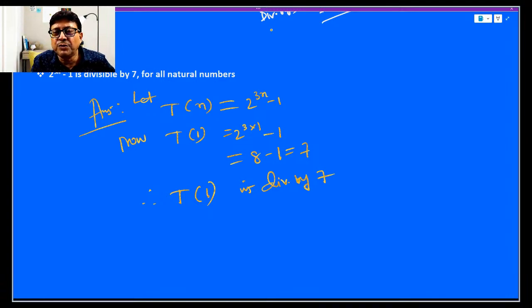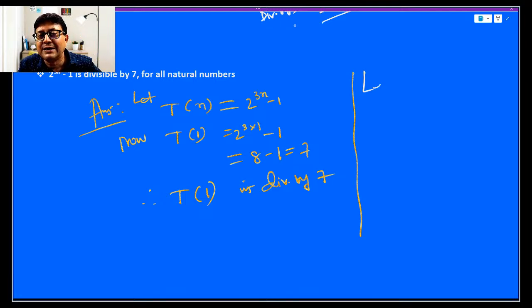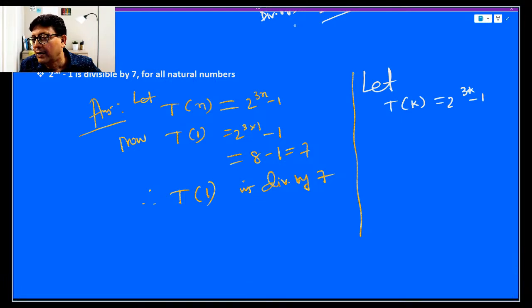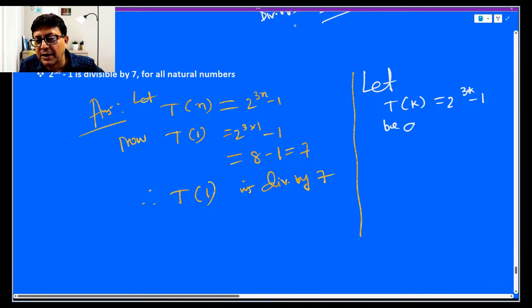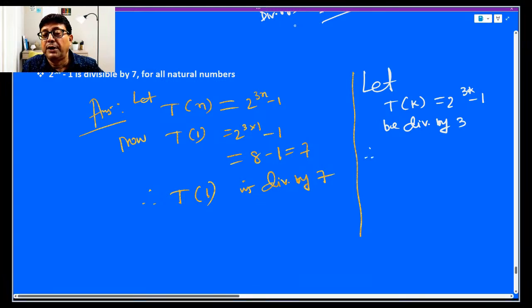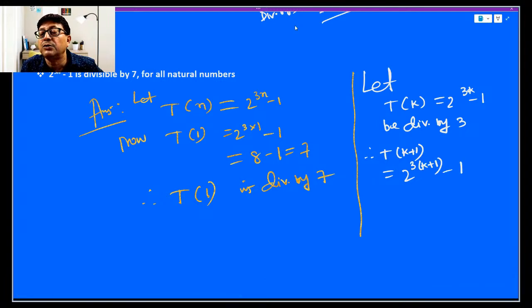Now let us assume that it is true for n equal to k. Let Tk, 2 to the power 3k minus 1, be divisible by 7. Therefore, T(k+1) will be what? 2 to the power 3 into (k+1) minus 1.